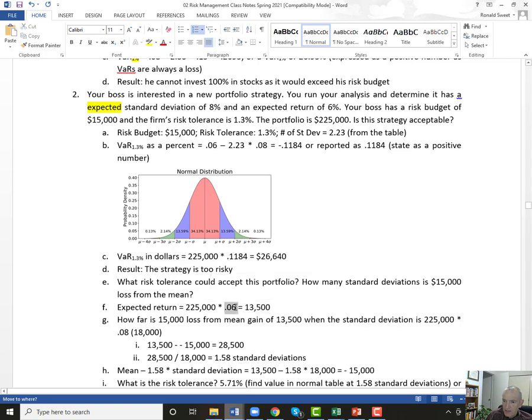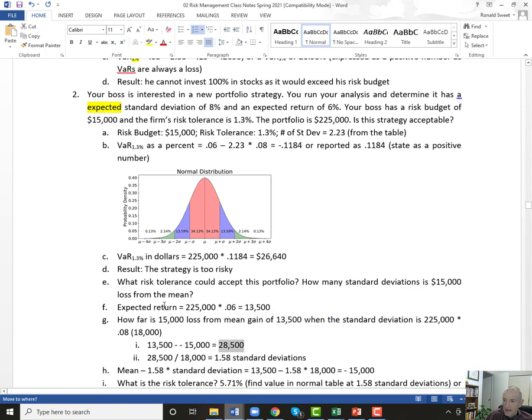We expect to make 6%. So our expected value is 13,500. That's right in the middle. Our risk budget is 15,000. So we expect to make 13,500, but we don't want to lose more than 15,000. So how far is the loss of 15,000 from our mean? Well, 13,500 minus a loss of 15,000 is 28,500.